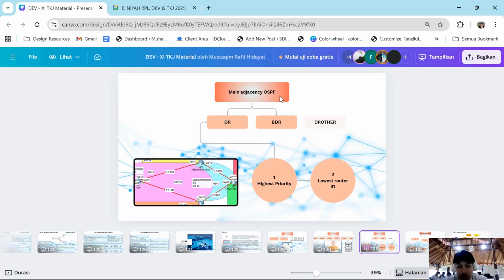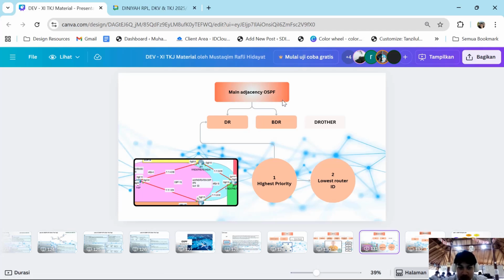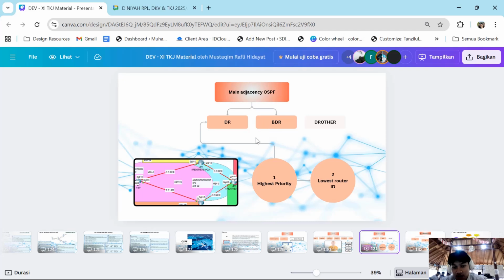So we can say a router is running OSPF by connecting it to the backbone area, or area zero. Main agency means agency, or combining, or collaboration between one router and another router. Under main agency in OSPF, there is DR, BDR, and also highest priority, lowest router ID.